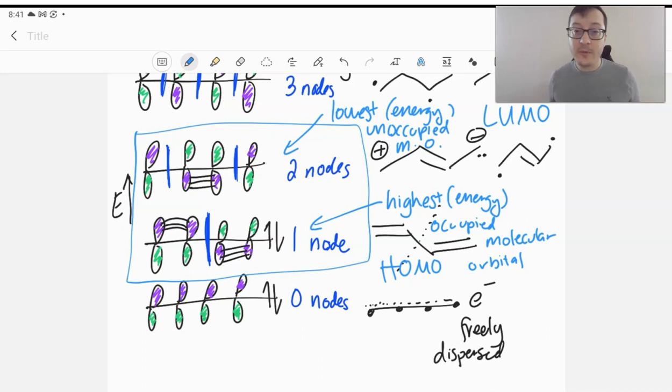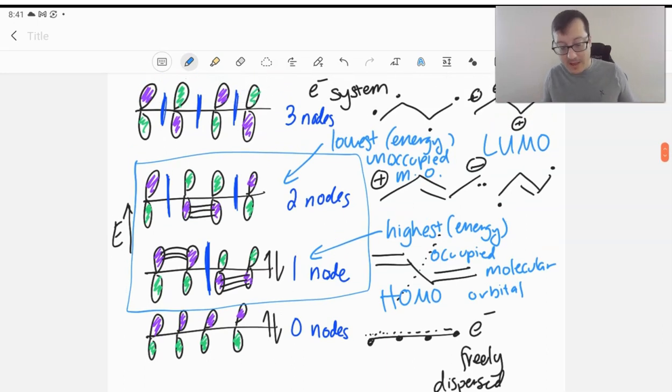But for now, suffice it to say that an orbital diagram like this shows you the arrangements of the orbitals in terms of their phases from low energy to high energy. Lowest energy always is 0 nodes, just like an s orbital has no nodes. And a p orbital will have 1 node, and a d orbital has 2. F orbitals have 3.